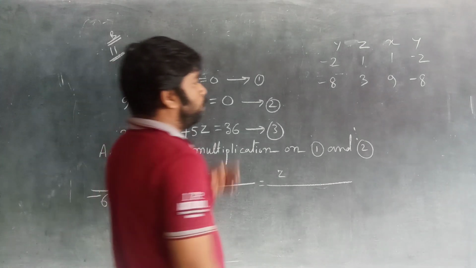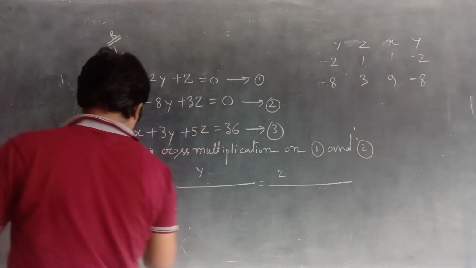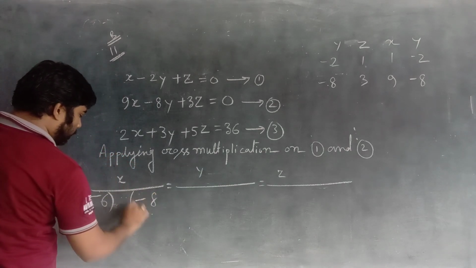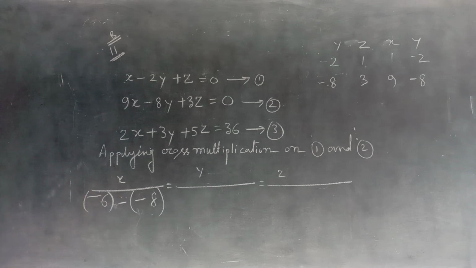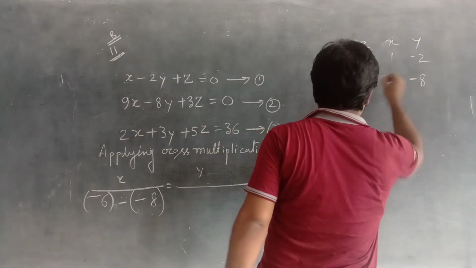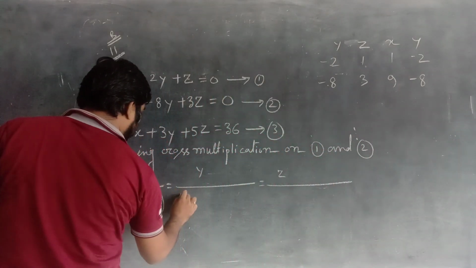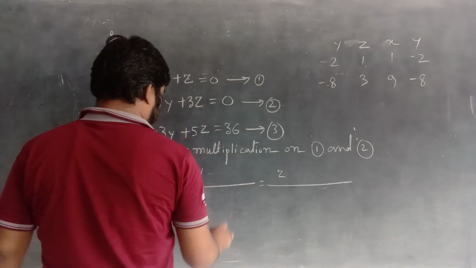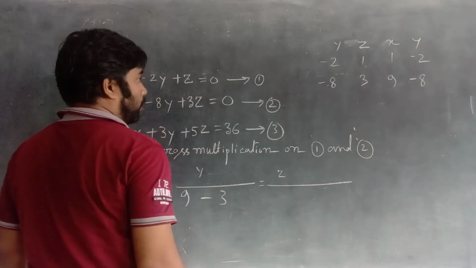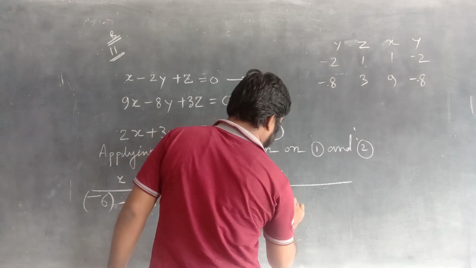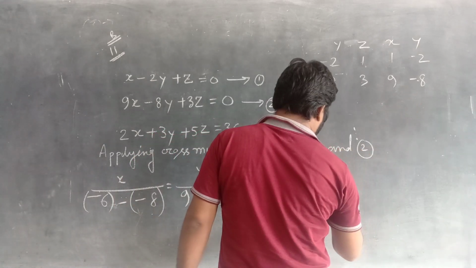Then 1 into -8, -8. After that, you put this minus sign between the two. Next, 1 into 9, 9. Then 1 into 3, 3. Then 1 into -8, -8. -2 into 9 is -18.